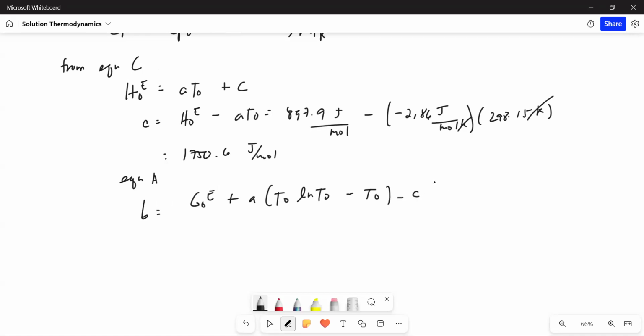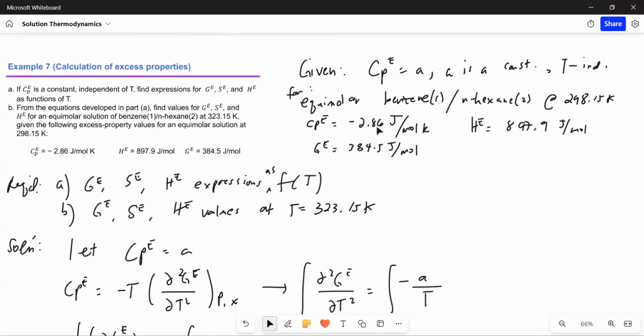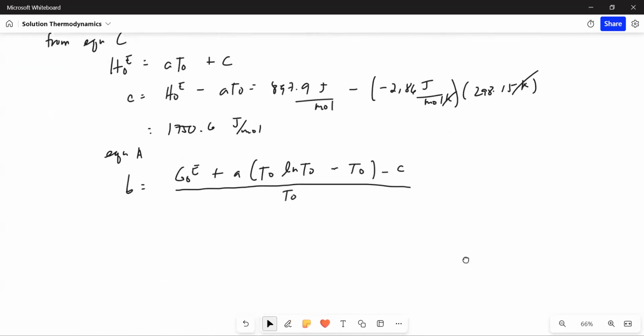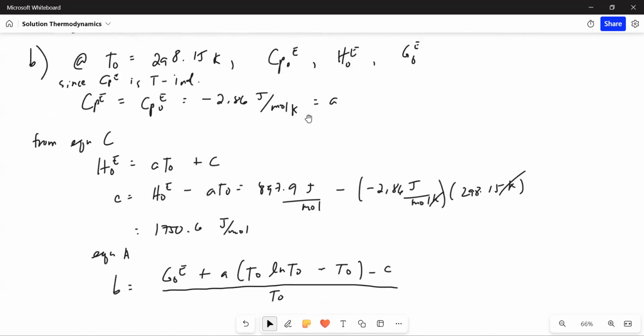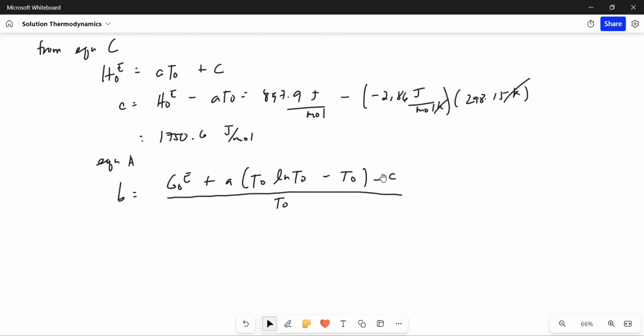It is expressed everything in terms of the reference temperature and Gibbs free energy. We have values for G. It's given right here. We know A, it's equal to CP. T naught is 298.